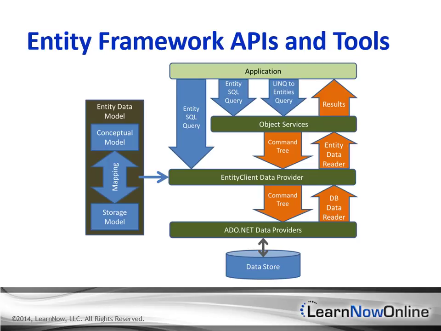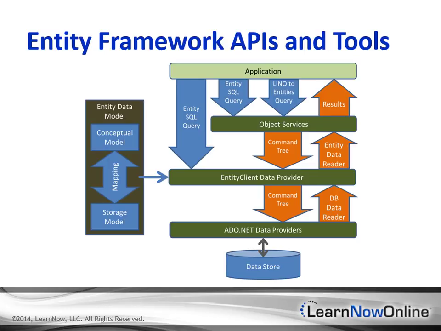So an Entity SQL query or a LINQ to Entities query that uses object services has the advantage of all of those services. And for queries that request data, object services returns the materialized objects to the application. That's the up results arrow in the upper right-hand part of the figure.